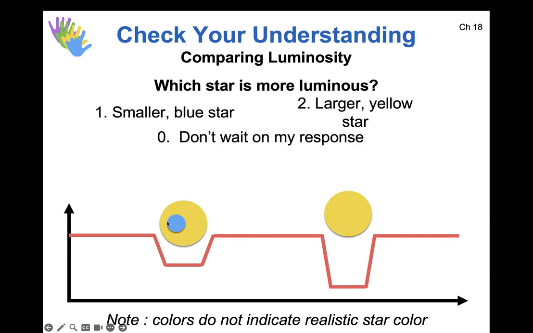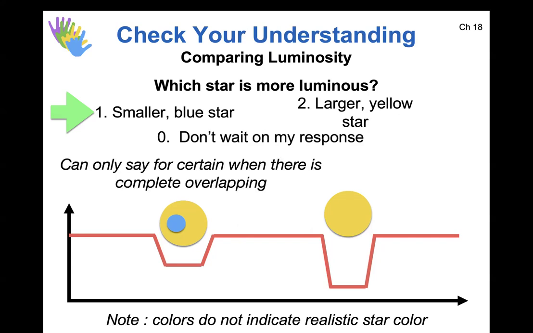Only some of the yellow star is covered, and this is the size of the drop, so that means the smaller blue star is the one they're saying is more luminous. But it depends, right? If you multiply this over the whole area, you might find that the more luminous one, based off of their own graph, could be the larger one. So I'd say it's not as conclusive as the authors intended. So don't worry about this one.